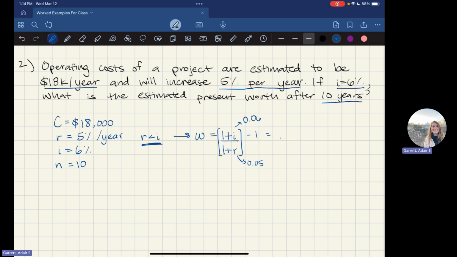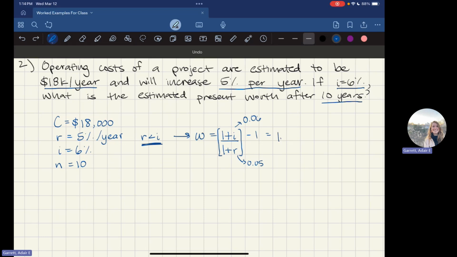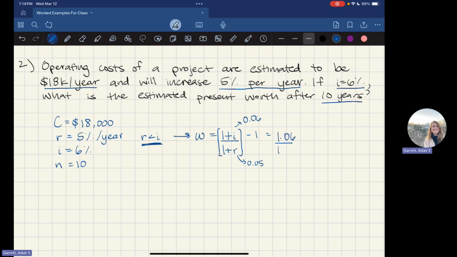So we get 1.06 over 1.05 minus 1. And then that's equal to 0.9524%, okay, or 0.009524. So we're going to use this form in our next equation.